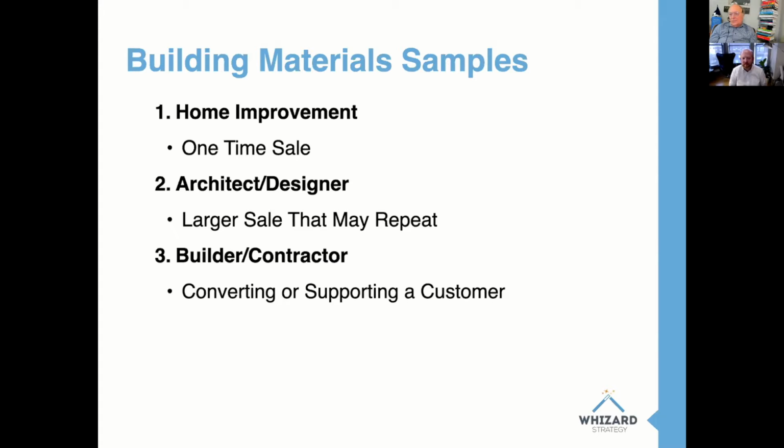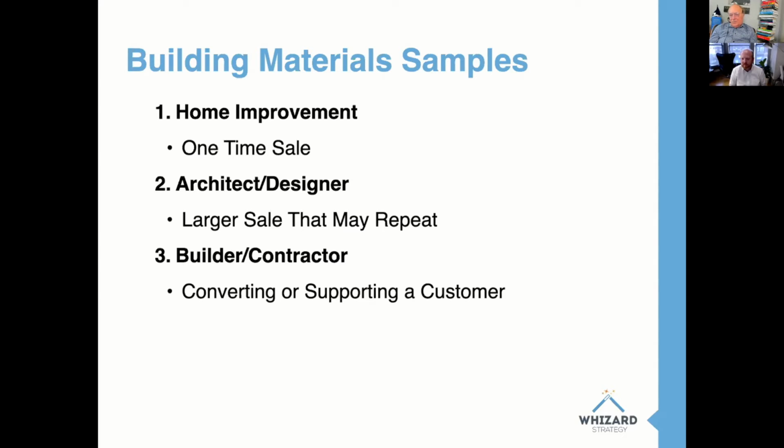Building material samples can be in the home improvement category, which is really a one-time sale. A homeowner is going to put a deck on once. They could go to an architect or designer, which probably represents a larger sale than an individual home improvement project.